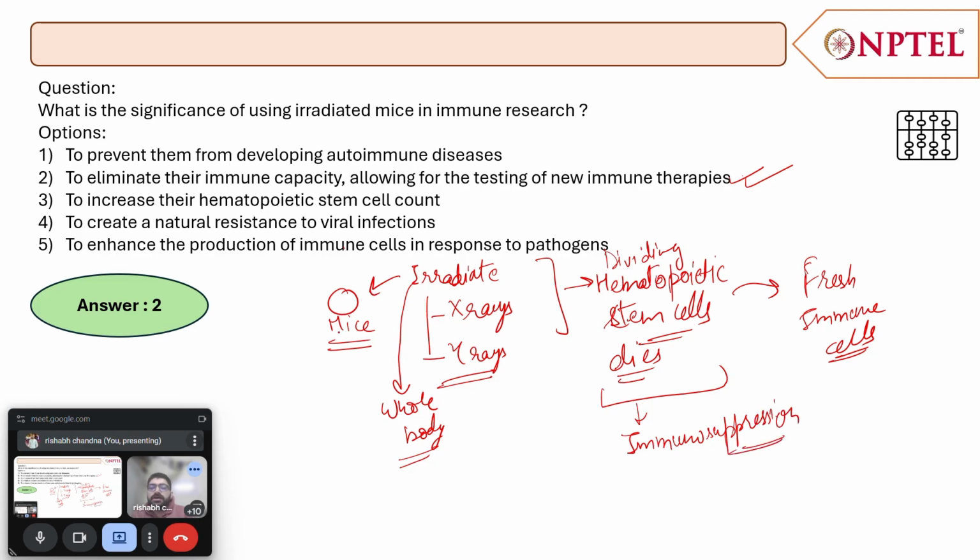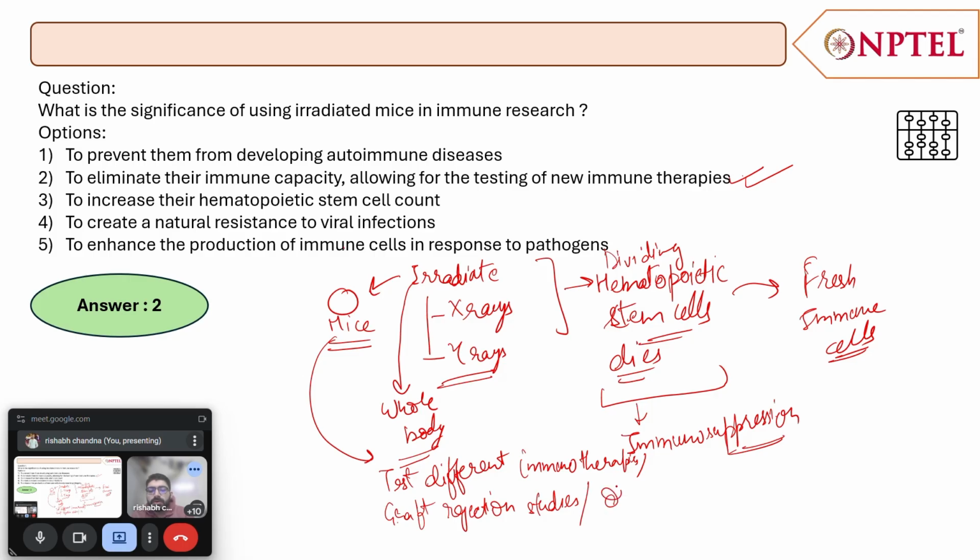Now, if a mouse doesn't have any dividing hematopoietic stem cells, we can test different immunotherapies, graft rejection studies, organ transplant studies, and studies related to cancer drug production.